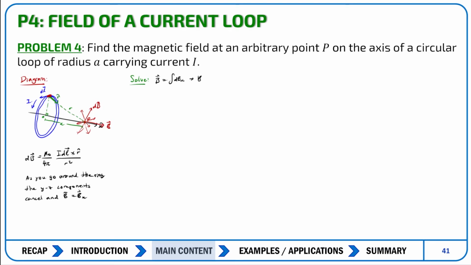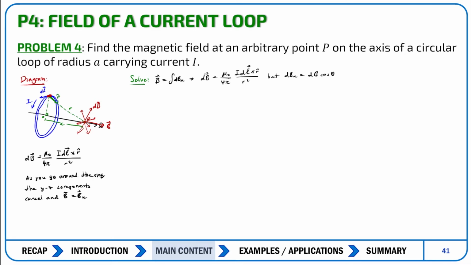We also know that, let's just go back a bit. We know that dB is equal to mu naught over 4 pi I dl crossed with r hat over r squared. But we only care about dBx. So dBx is only equal to dB cos theta.